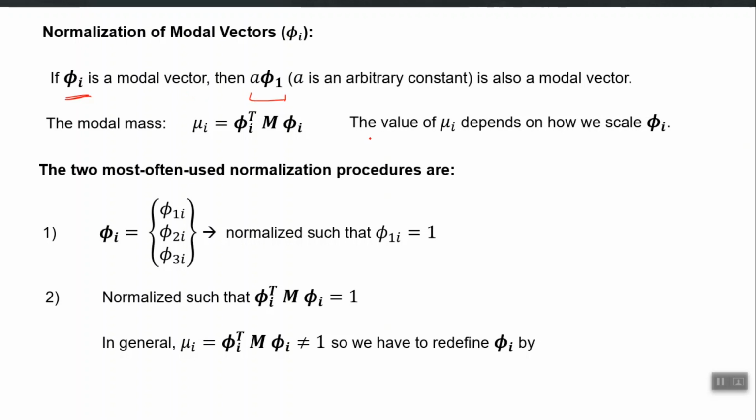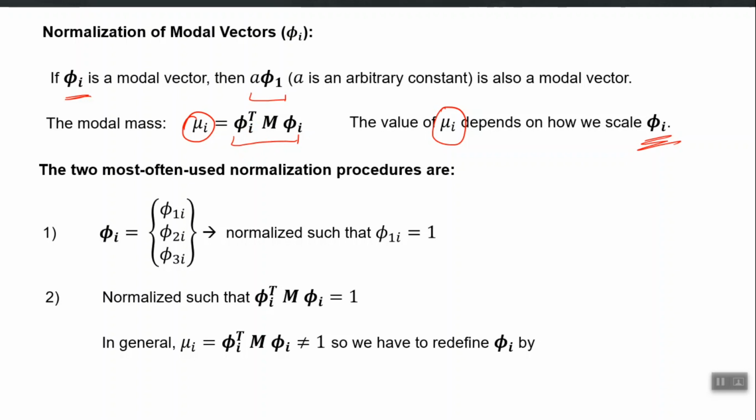We also know that phi i transpose into m into phi i is some quantity mu i, which is called modal mass. The value of mu i depends on how we scale phi i, because mu i is the result of this product.